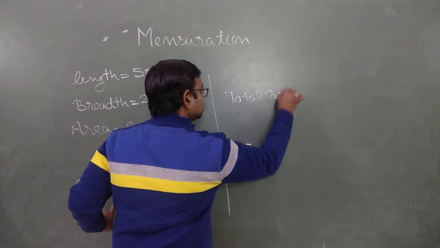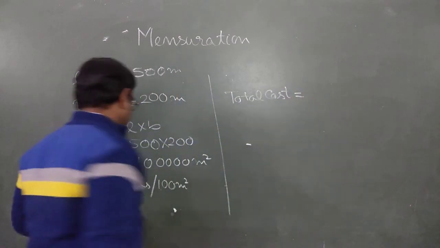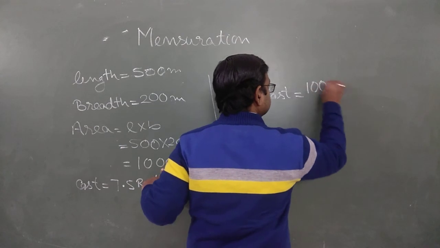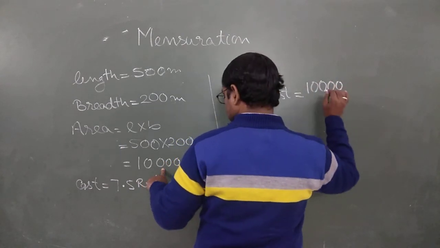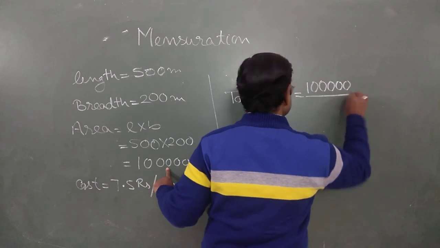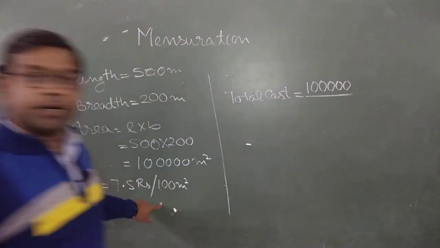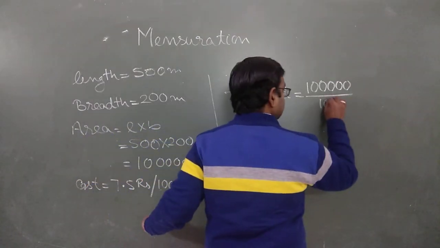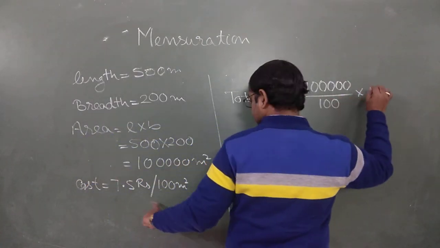Total cost equals, what is the area? Area is your 100000 square meter. Then it's per 100 square meter, so divide by 100, and then 7.5.